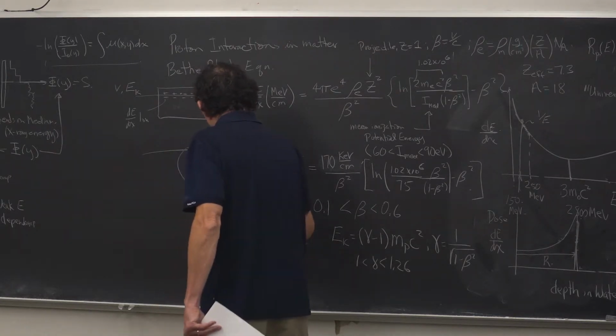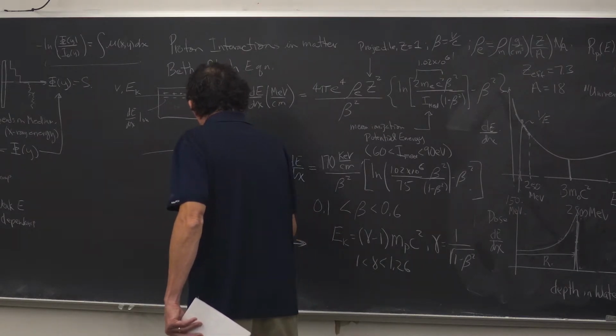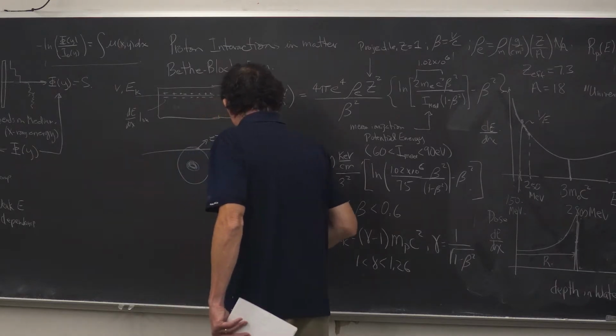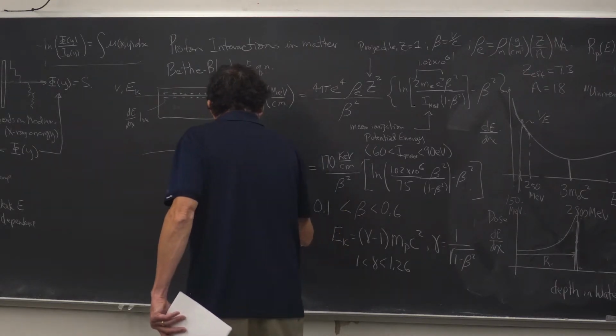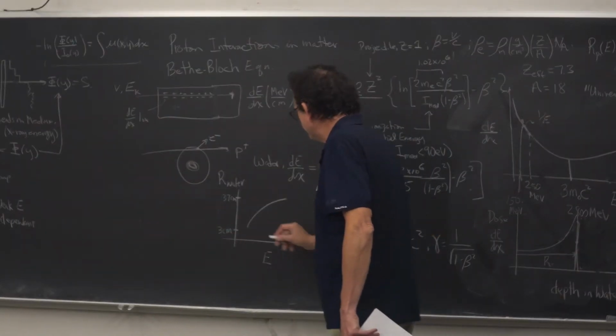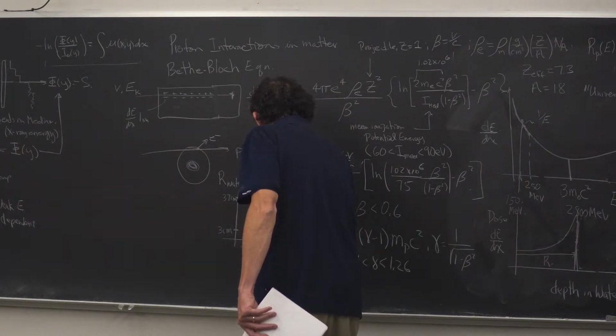And this range will go 3 centimeters, and this will be about 37 centimeters. And the curve will go something like this. Okay. And this is the energy at 70 MeV, and this is the energy at 250 MeV.